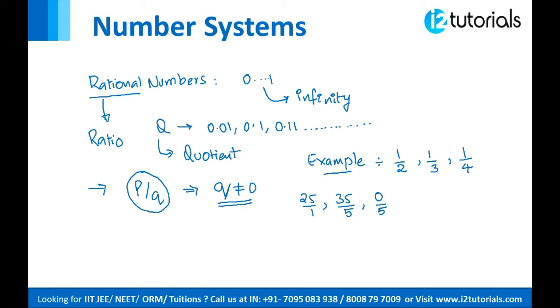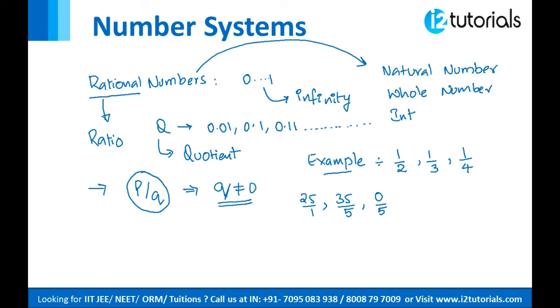So hence, we can clearly understand that a rational number always includes natural numbers, whole numbers, and also integers.